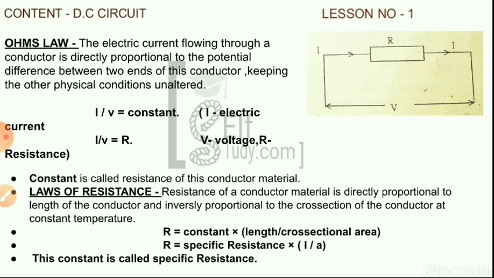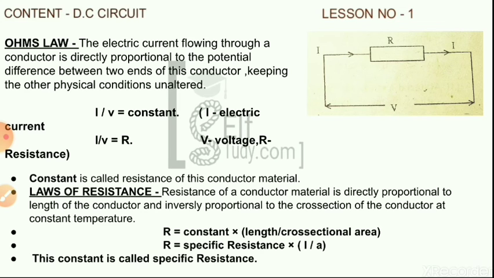So if we can keep other physical conditions unaltered, we can say from this law the electrical current flowing through a conductor, means this conductor, is directly proportional to the potential difference between two ends of this conductor. Means we can increase the potential difference between these two points or two ends of the conductor.